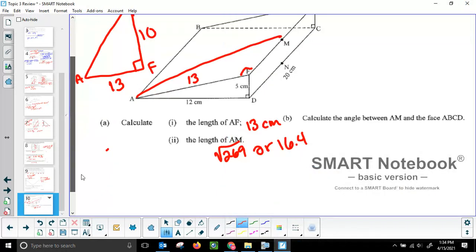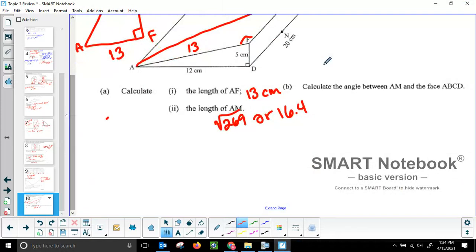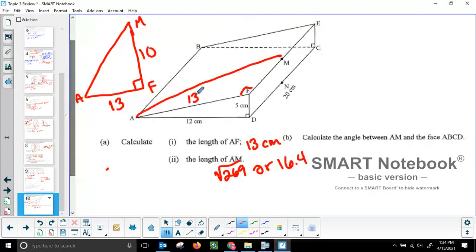Is that it? Oh, no, here. B. Calculate the angle between AM and the face ABCD. Okay, so there's AM and the face ABCD. Essentially, we're going to connect this and then make that triangle.